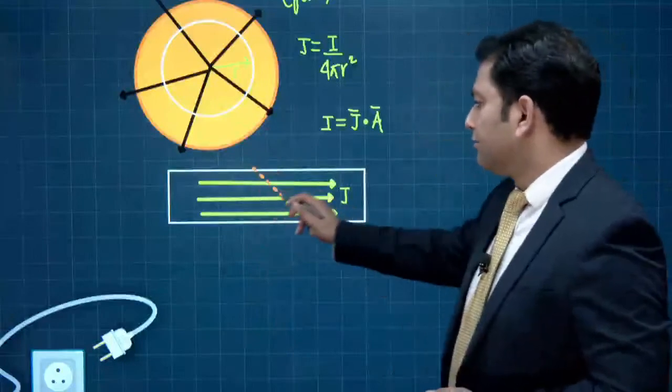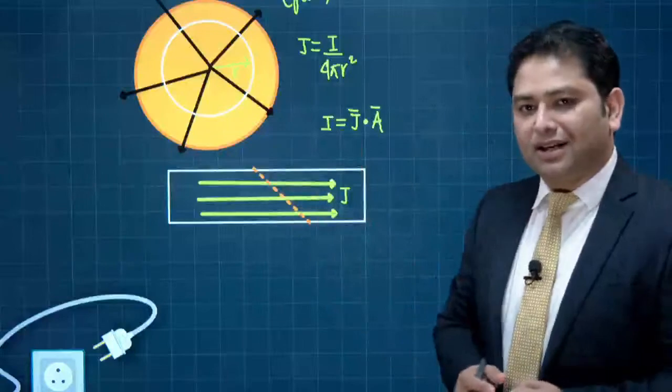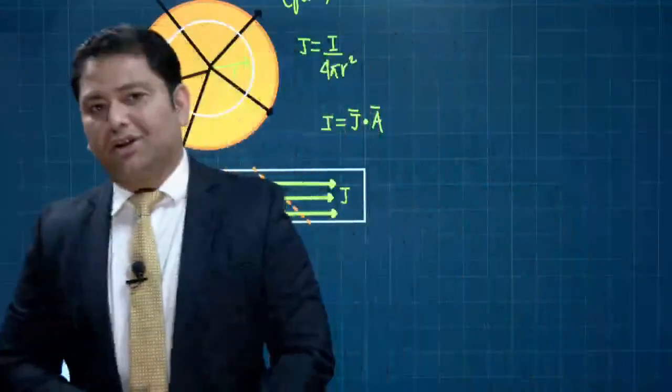Magnitude is this, perpendicular, आपको पता है, area vector, that is how we calculate the current. और जिसको Roshan साहब कह रहे हैं, resolving the area, that's equivalently good.